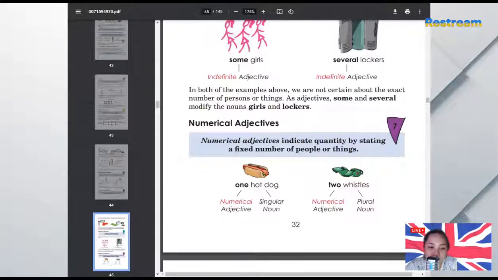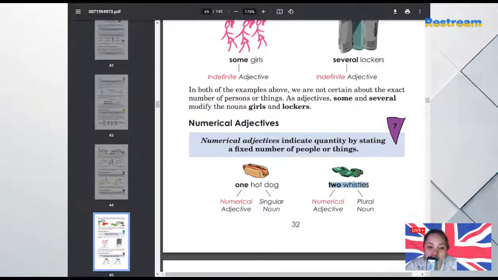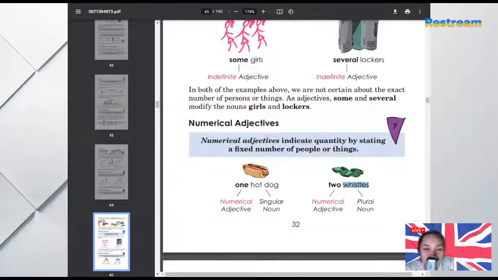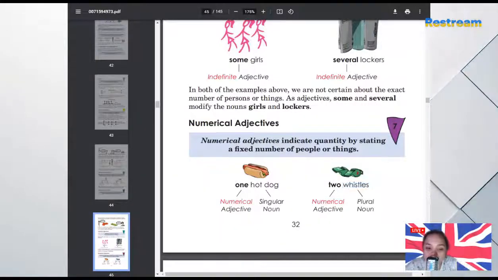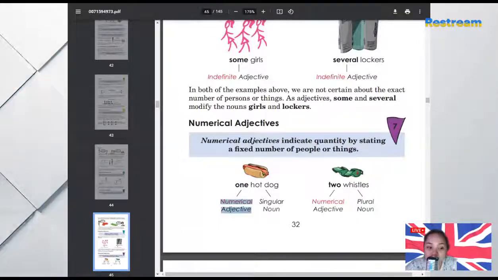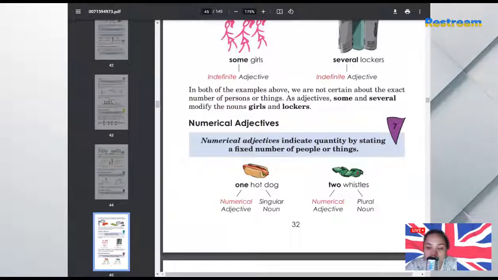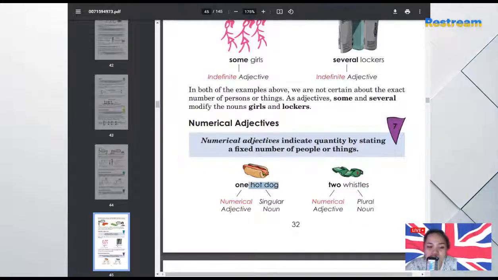We have here an example, one hot dog and two whistles. We have the singular noun hot dog and the plural noun whistles, because it says here already it's specific, two or one. So the word one is a numerical adjective, while hot dog is a singular noun.